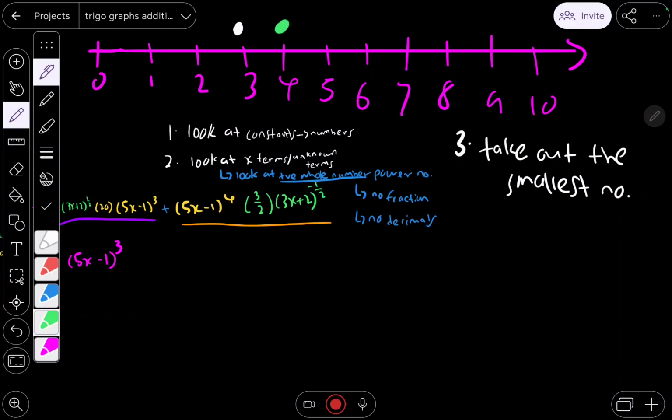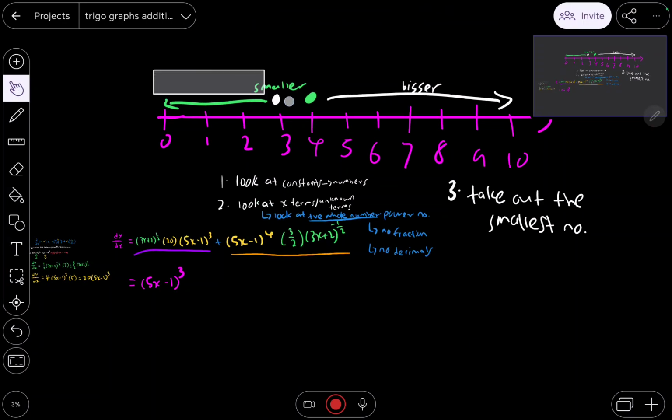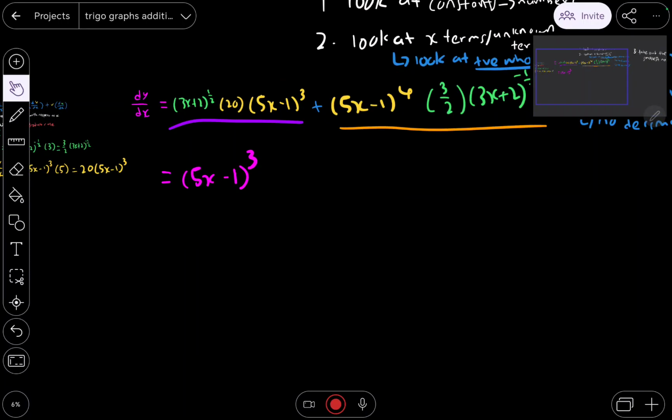Towards 0 will be smaller. Of course, this is a primary school thing. Towards the left will be smaller, and towards the right will be bigger. So which is the smaller one? 3, obviously. So let's take out 3.